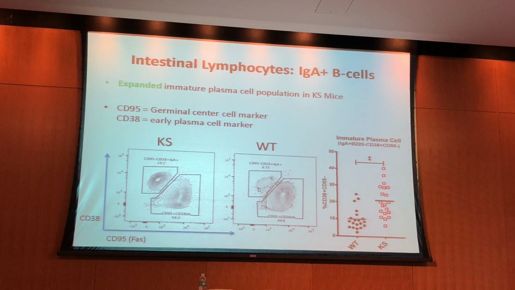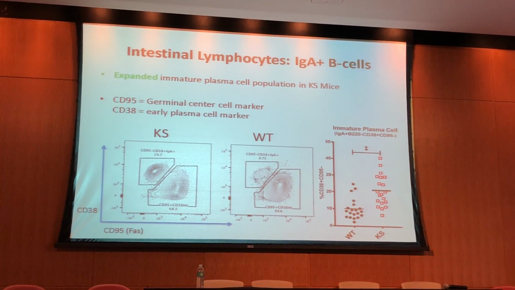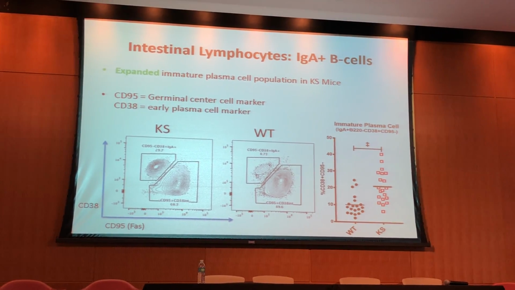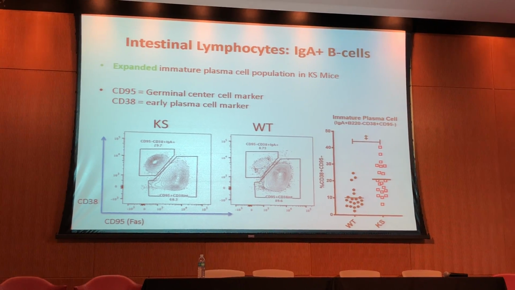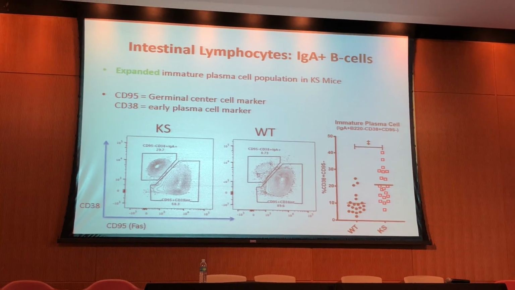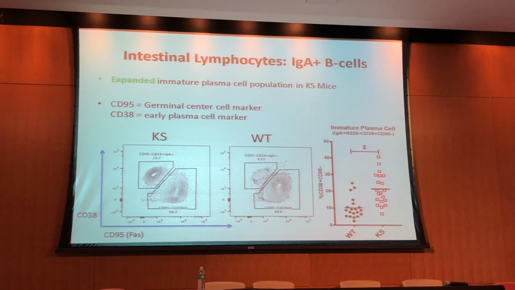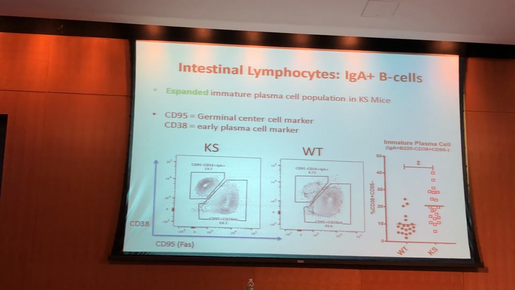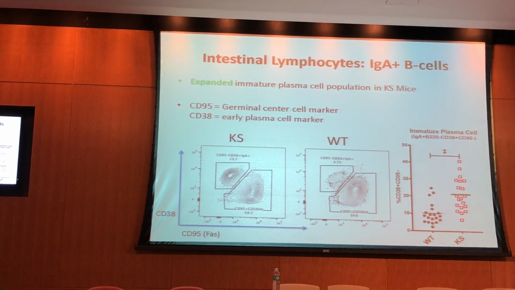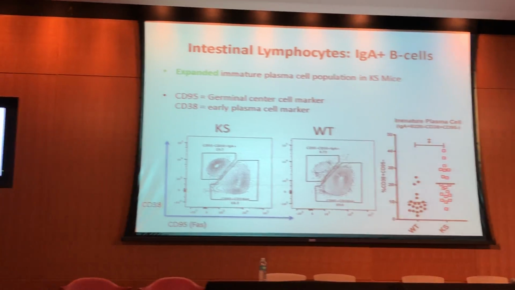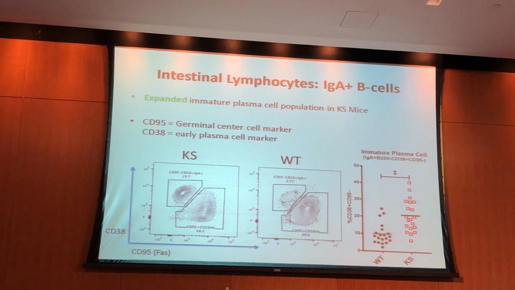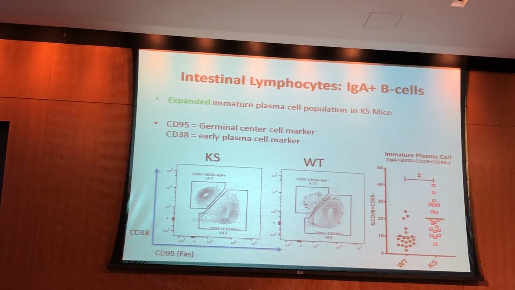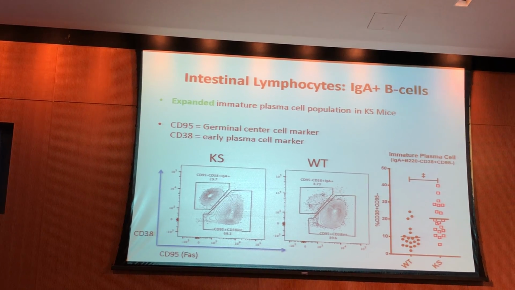When we looked at the differentiation state of the cells that are there, we found an expansion of immature plasma cells in the Kabuki animal gut, suggesting that there's a block in differentiation. So they start to form a plasma cell, but somehow they get stuck. The Kabuki plasma cells aren't quite as good at taking the final steps to become a fully differentiated, mature plasma cell as those in the wild-type animals.